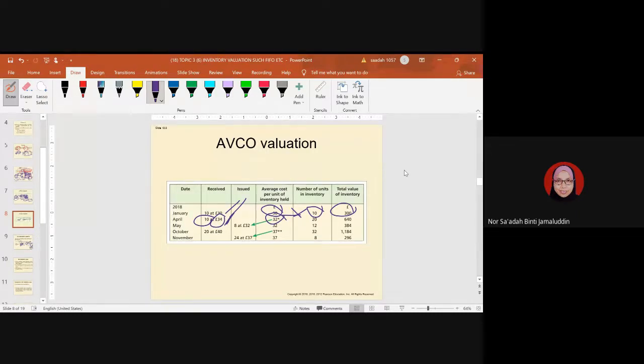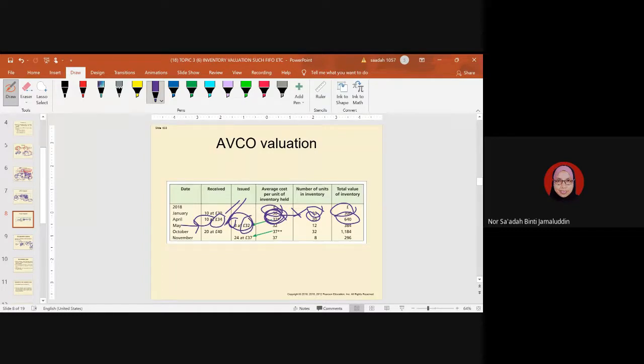And then 640 you must divide by 20, you will get the average cost for 1 unit.